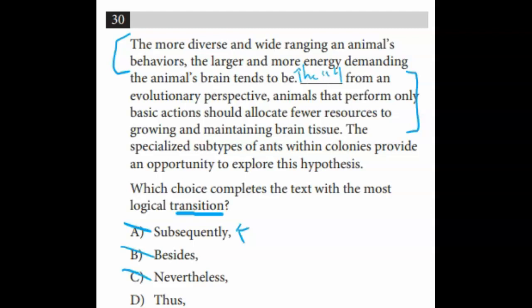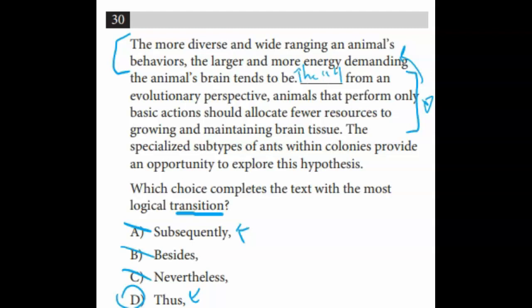Nevertheless, no, because nevertheless implies that this sentence is true in spite of the preceding one. And honestly, after seeing thus, I think this is the right answer because this is very close to therefore, which I just naturally think should have gone in there.